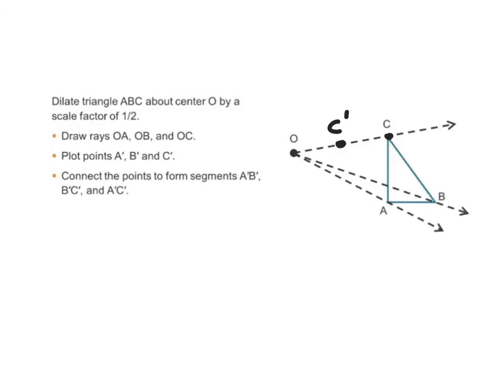We're going to call this C prime. A prime, cut that in half, is going to give me a point here, A prime. And then B prime, this one's a little harder to see, right about here, B prime. Okay, and then I connect my points to get that dilated image.